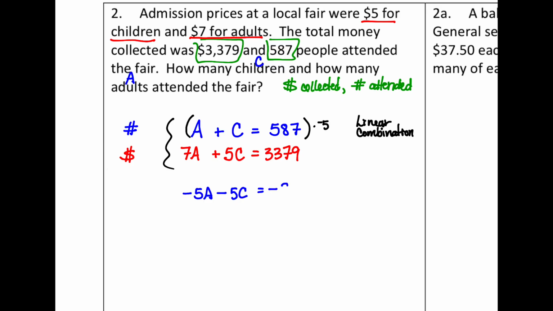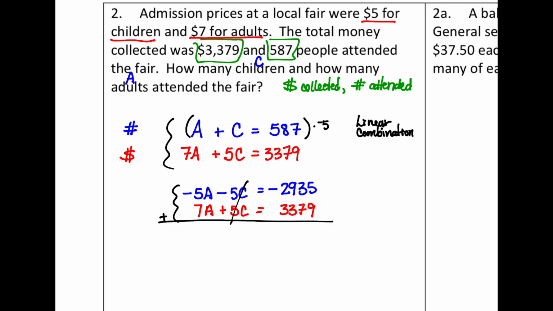Okay, here we go. So the blue equation becomes -5 times A and -5 times C, and -5 times 587 is -2,935. And then I'm going to leave my second equation, the red one, as is. And now I can add those because the C is going to cancel. Okay, so these are gone.